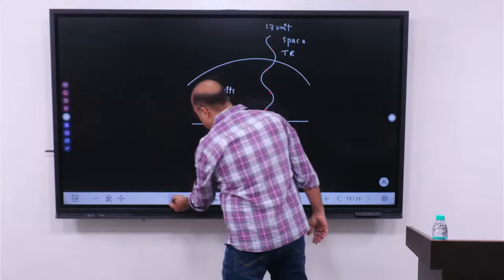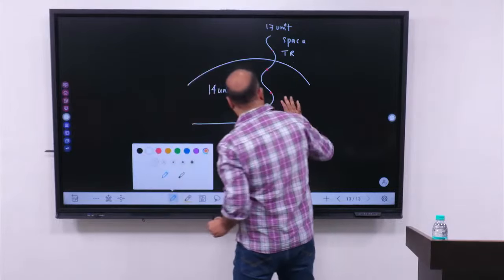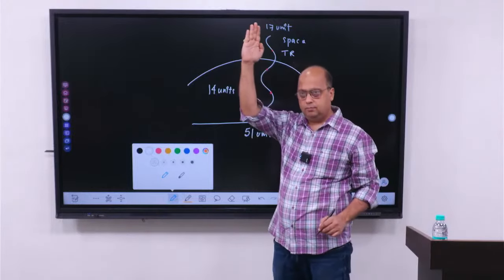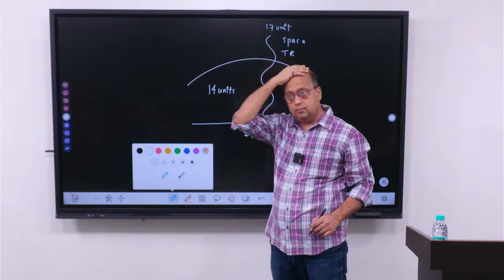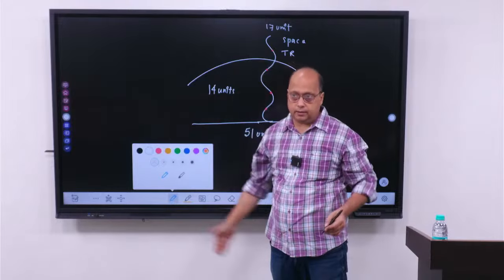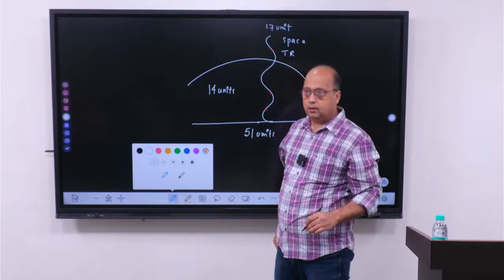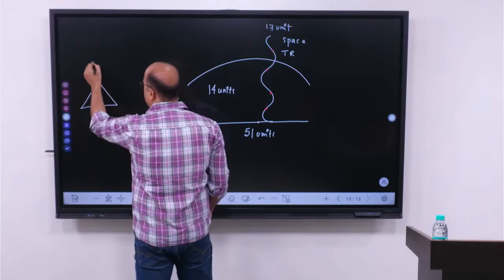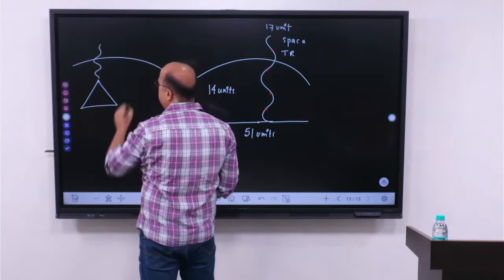Now, where does it happen mostly, where cooling is very rapid? Which part of the land? Mountains. First is the mountain top, from where the cooling is very rapid.